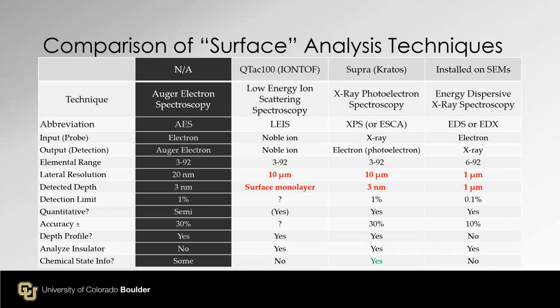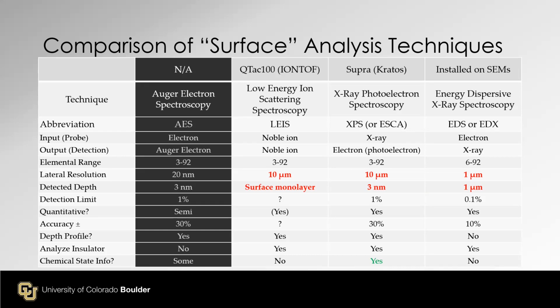Depth profiling, yes. Our Supra has a sputter gun, and this argon sputter gun can be used in the monoatomic mode or the cluster mode for more gentle removal, and the cluster mode would be useful for polymer depth profiling or organic material depth profiling.